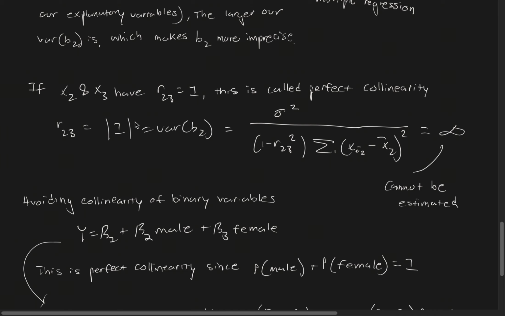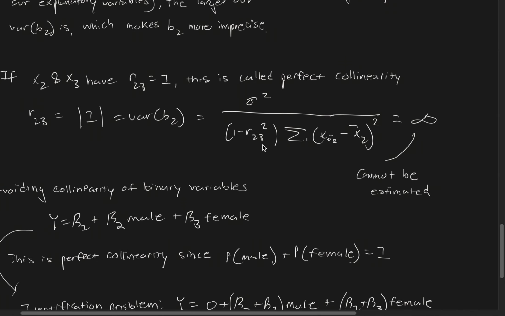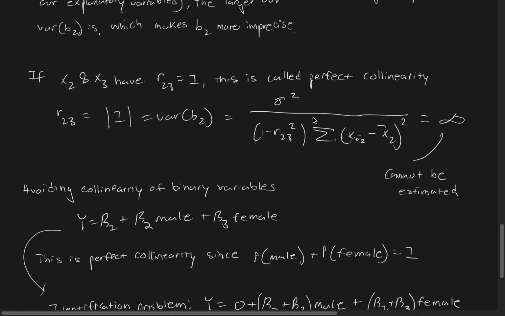If the correlation is close to 1, it's not going to quite literally be infinity, but it's a symbol for we can't really calculate it, because as this part goes smaller, this whole fraction becomes infinitely bigger. It'll never actually be 1, because the only way two different variables can be exactly correlated is if they're the actual same variable.